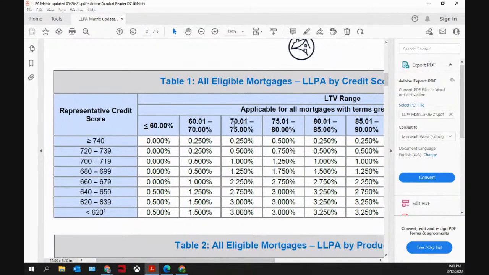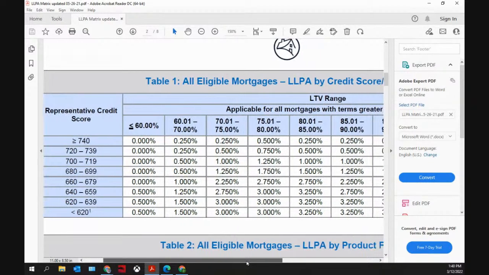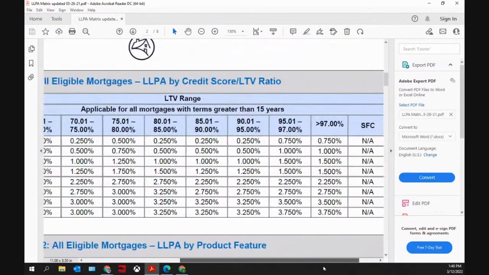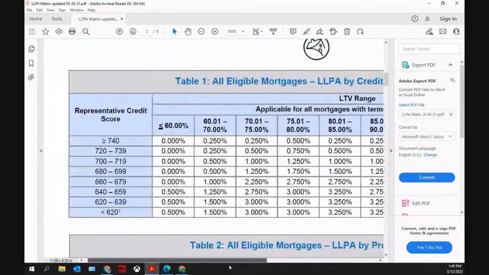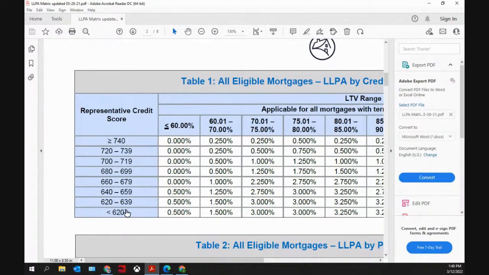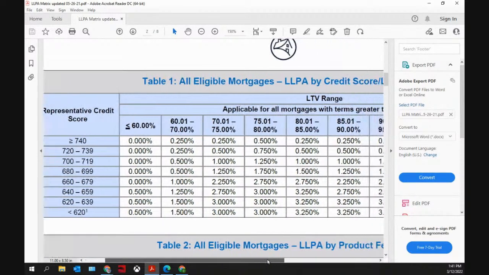Now, this isn't adjustments to the rate. It is adjustments to the yield that we receive from the lenders. And I'll tie all this together as we go. When you're looking at this, you can see on a 620 credit score or less, there are hits. And you can see this goes from 0.5 to 1.5 to 3 to 3.25 and so forth.